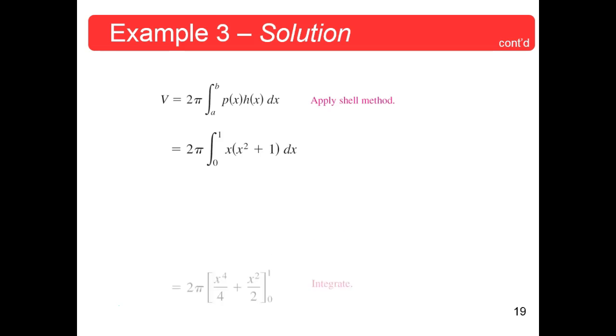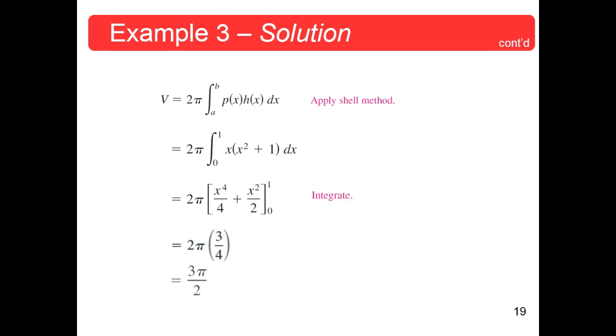Plugging that all in, that's a pretty simple integration to do. They left off a step there, x cubed plus x. Then you integrate that, and you get that, and that, and that. Shorter, simpler, integration's easier, substitution's easier, everything's easier. So that's your choice. In this case, I would go with the shell method. It came out much easier.